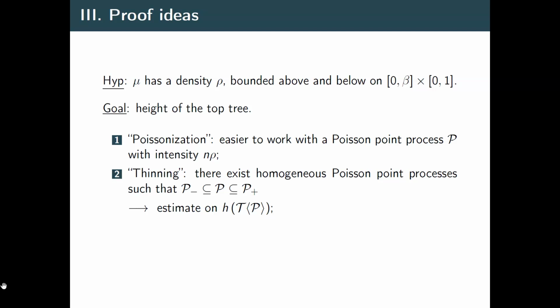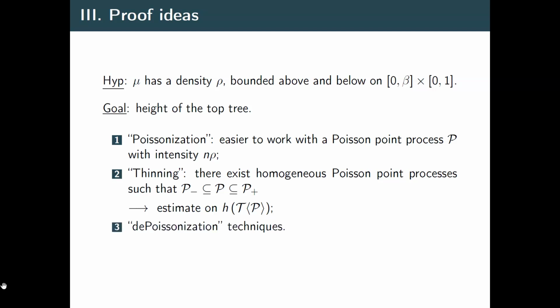When you do that, P minus and P plus contain uniformly distributed points, so their BSTs are the BSTs of uniformly random permutations, and it's a good thing because we know what their heights should be, and we can use the previous lemma to deduce a sequence of inequalities for the height of the BST of P.